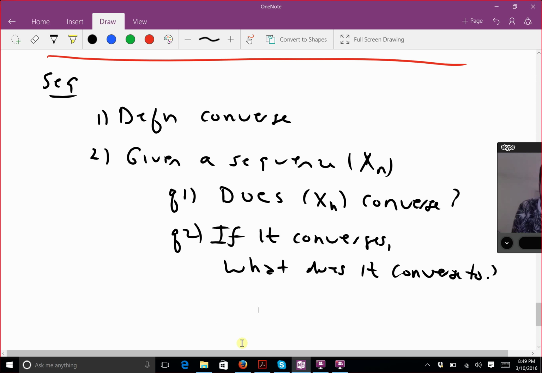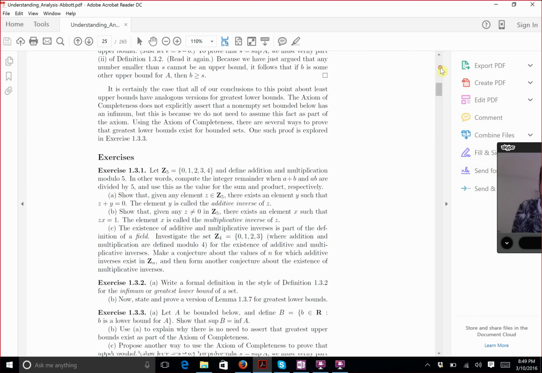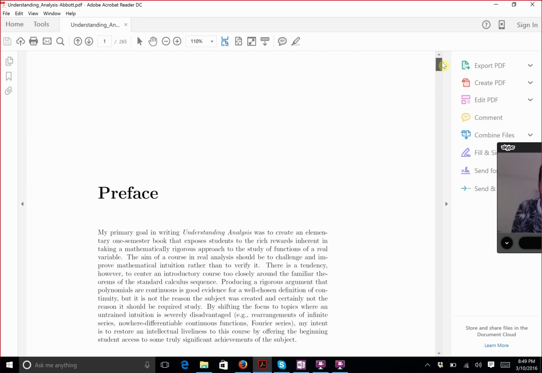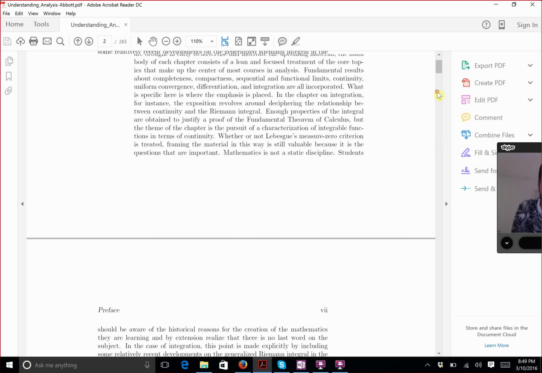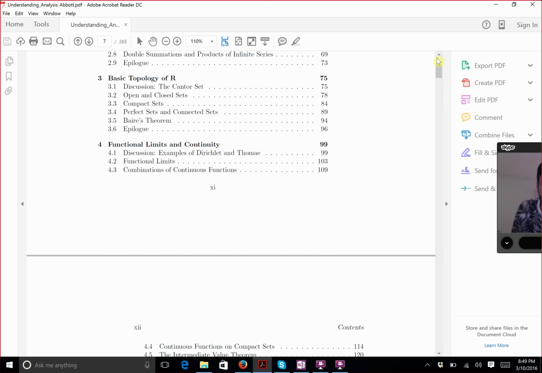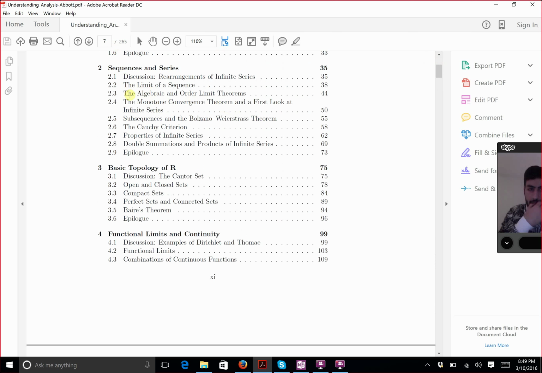So there's a very important theorem. It's called the Monotone Convergence theorem. If you go back to chapter 2, there's this thing called the Monotone Convergence theorem.